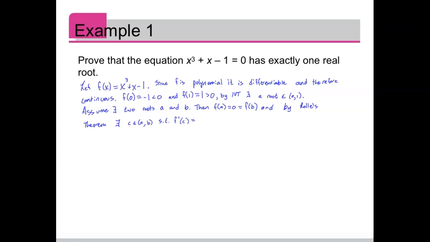That's just the conclusion of Rolle's theorem, right? So if there are two roots, there must be a value C in between such that the derivative is 0.